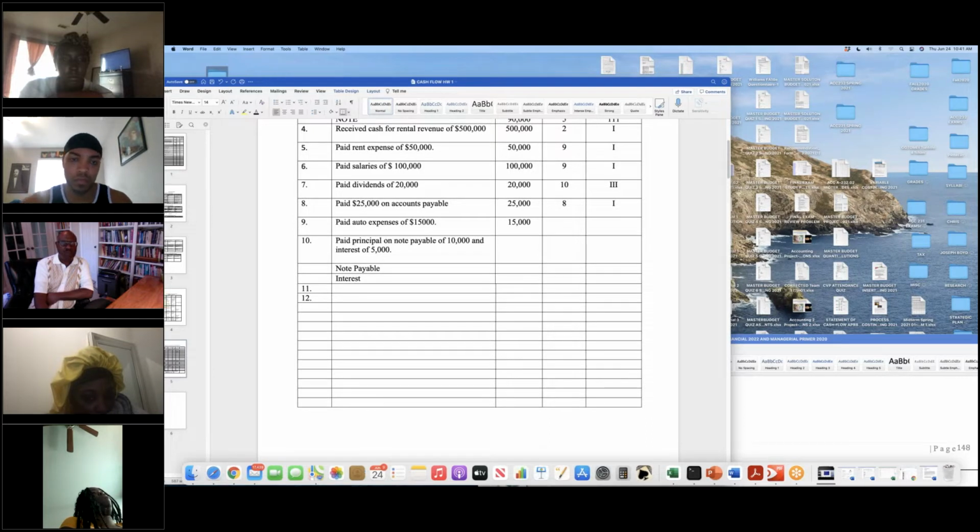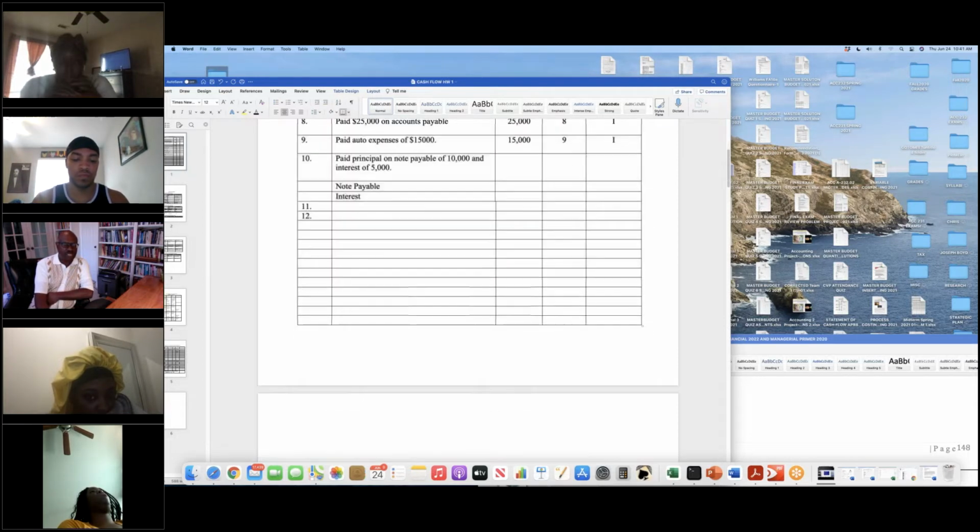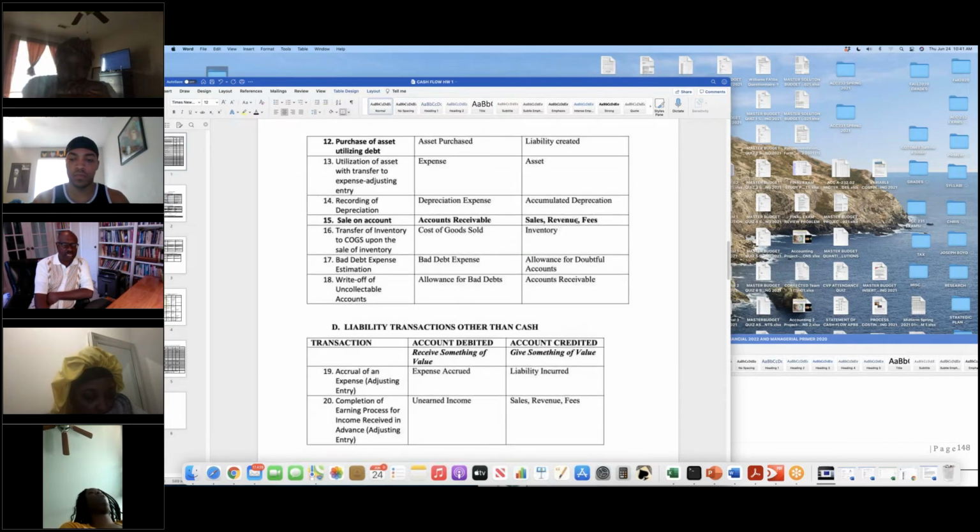And non-paid automobile expenses of 15,000. Type 9, so that's going to be in section 1. That's 15,000 for type 9.